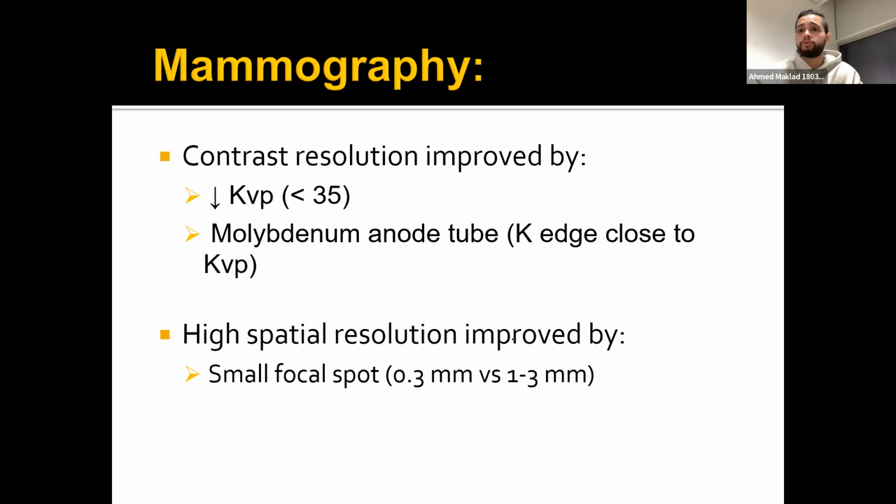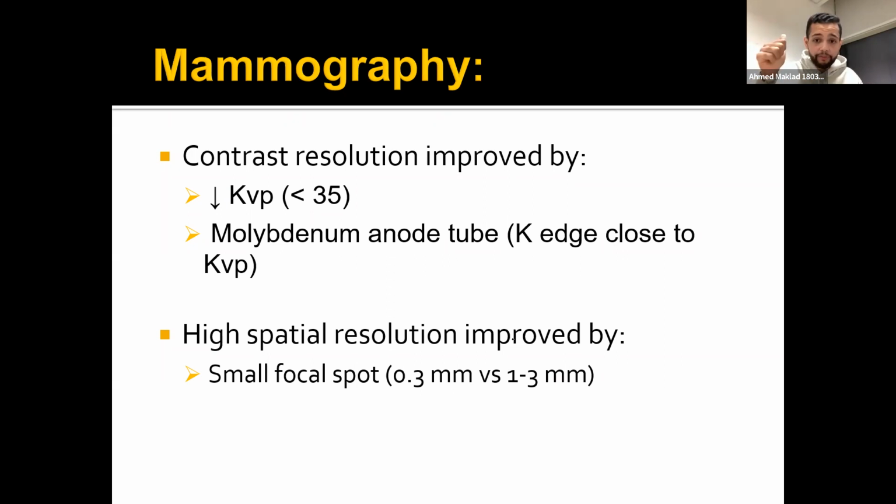You get a high spatial resolution. All right. One more thing. Remember the slit I talked about? In mammographies, it's 0.3 millimeters. When you compare it to a normal X-ray, it's from 1 to 3 millimeters. So remember, you decrease the slit, you decrease scatter, you improve the quality of the image. So mammography improves the quality of image in two ways.